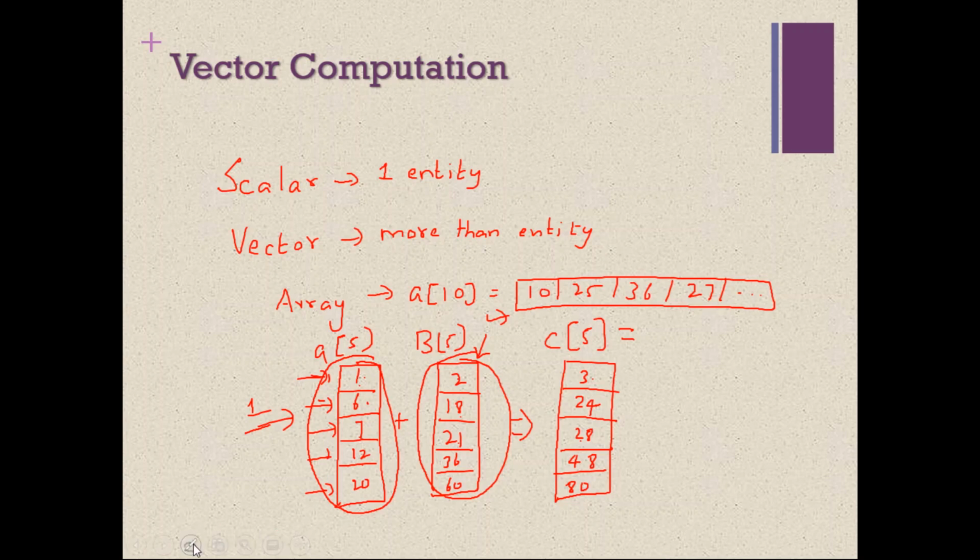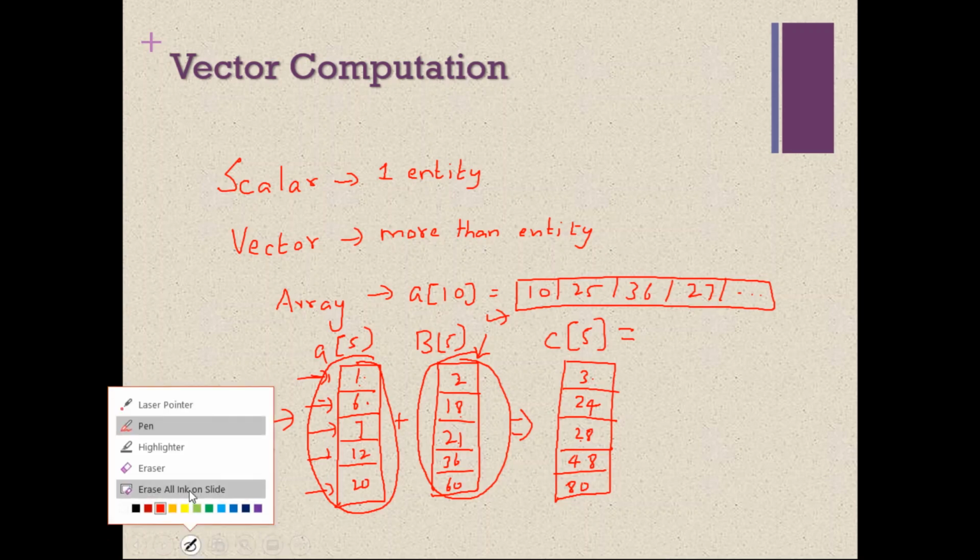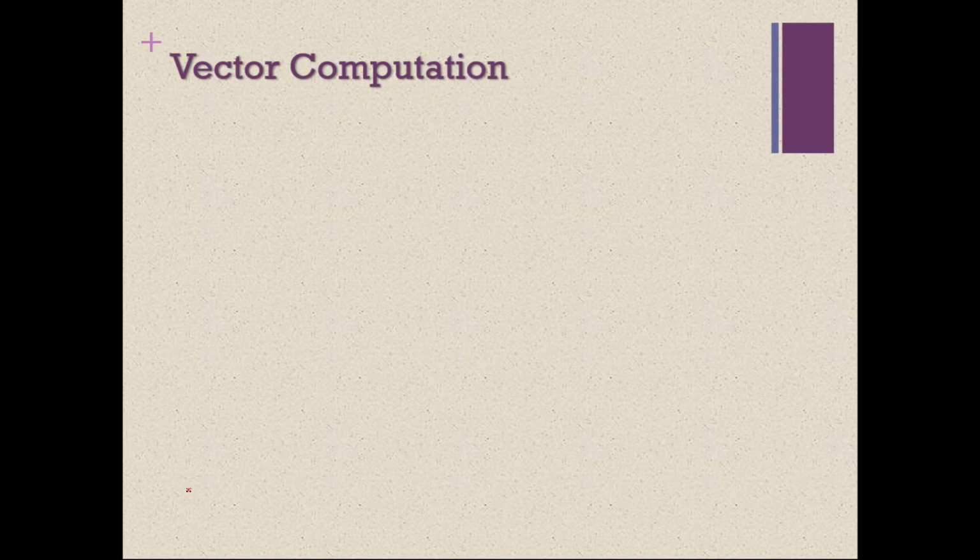There is a lot of need for this. In most scientific applications, this kind of data will be available, which is called vector data. Here we have discussed vectors with 5 entries, but each vector may contain hundreds or thousands of entries, and you may have to process these vectors as a whole, as a bundle.